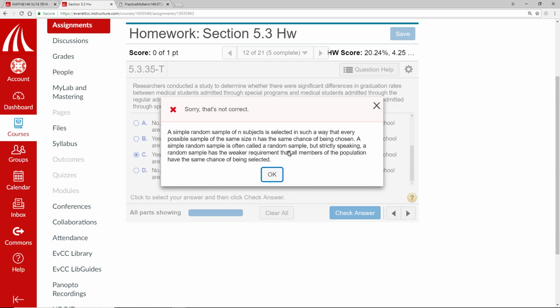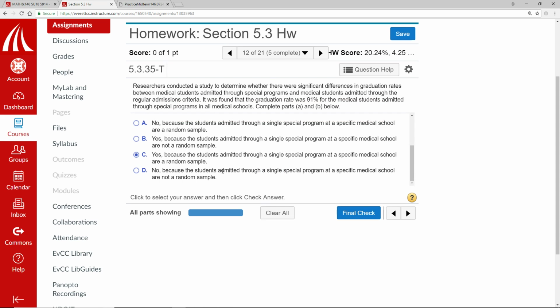Let's see. The simple random samples. Strictly speaking, a random sample has a weaker requirement that all members of the population have the same.